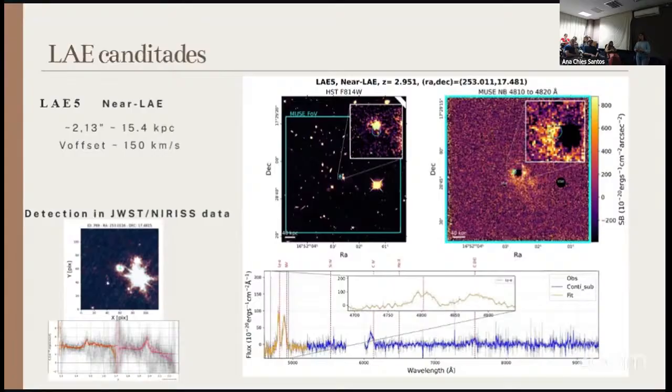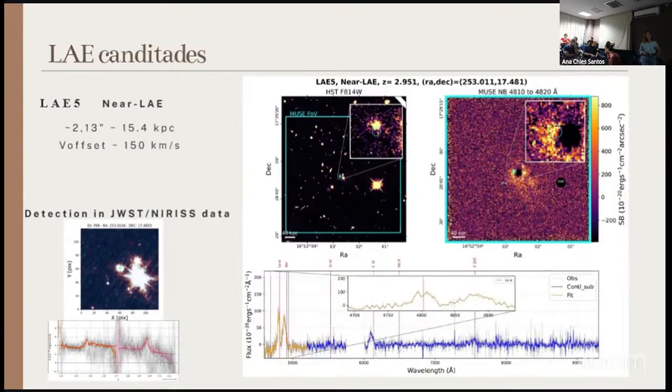Here we have Lyman-α emitter number 5. It's classified as a near Lyman-α emitter, located at a 15 kiloparsec distance from the quasar, with a velocity offset of about 150 kilometers per second.